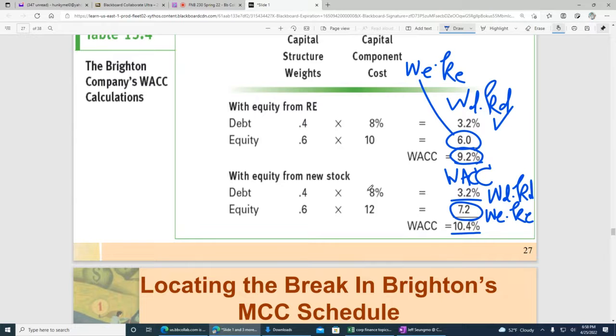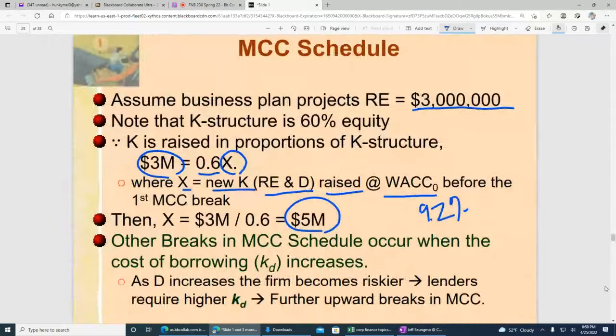And by capital structure, 60% of the capital raised is equity, and that 60% is 3 million, in other words, the retained earnings. Then the other 40% should be 2 million, right? So the total you can raise is 5 million, still using 9.2% weighted average cost of capital. But beyond that, you will have to sell new stocks.